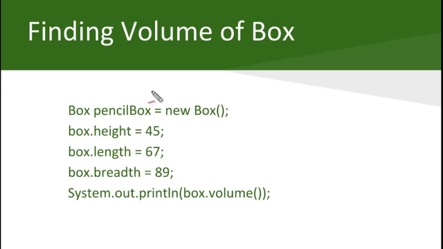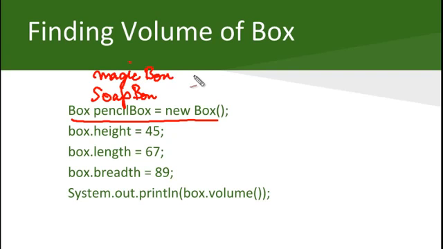And what is happening in the main part is that we create the object pencil box, or you can call it a soap box, or you can call it a magic box. This is creating a new object of the class Box.